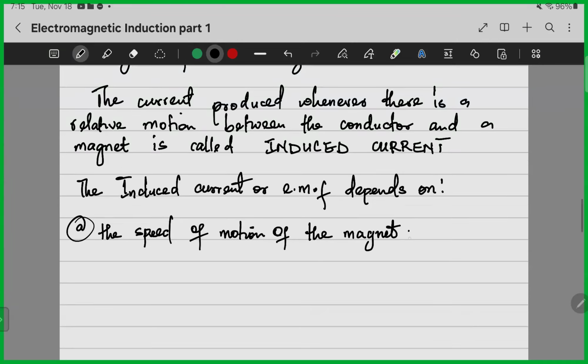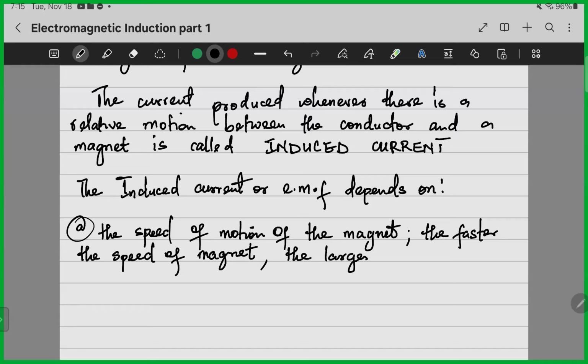The faster the speed of the magnet, the larger the induced current.